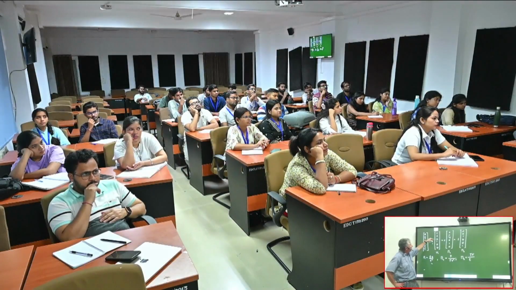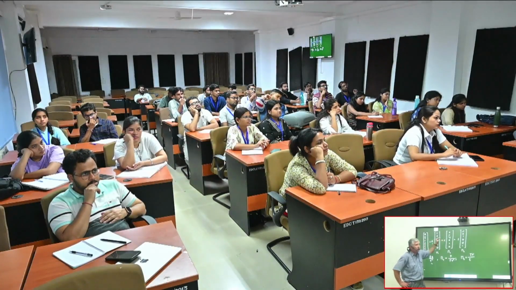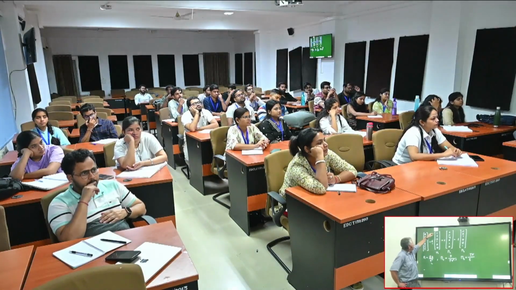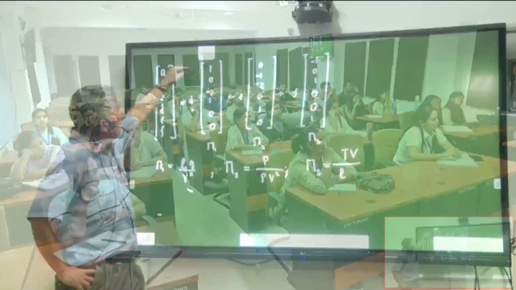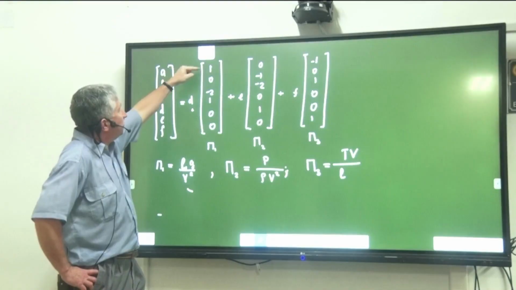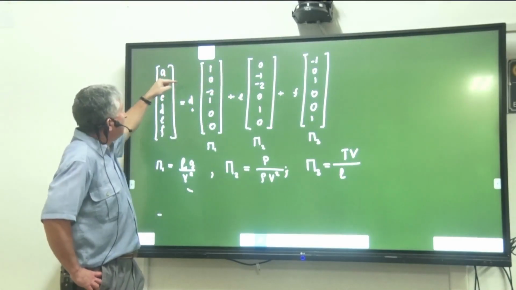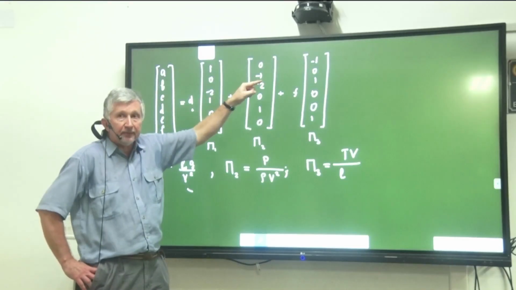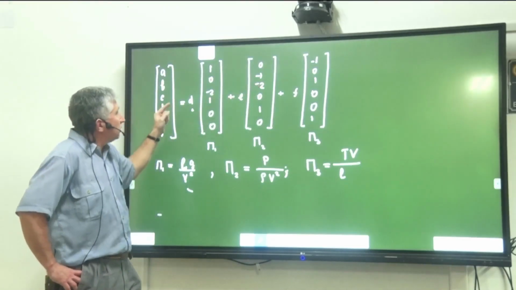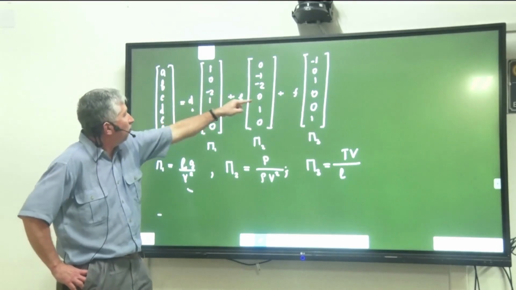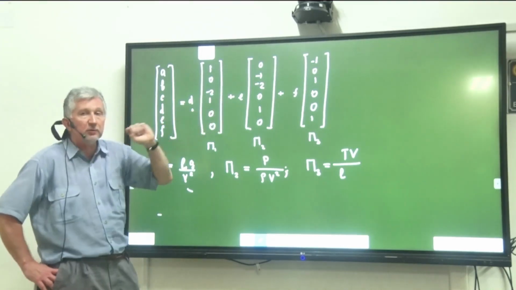C will be -2, -2, -4, right? A will be 1 still plus 0, right? B will still be 0 minus 1. So C will be -4. Next one will be 1, next one will be 1, and the last one will still be 0.